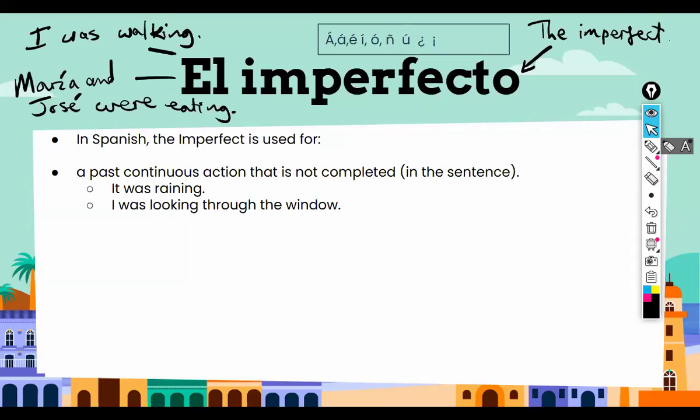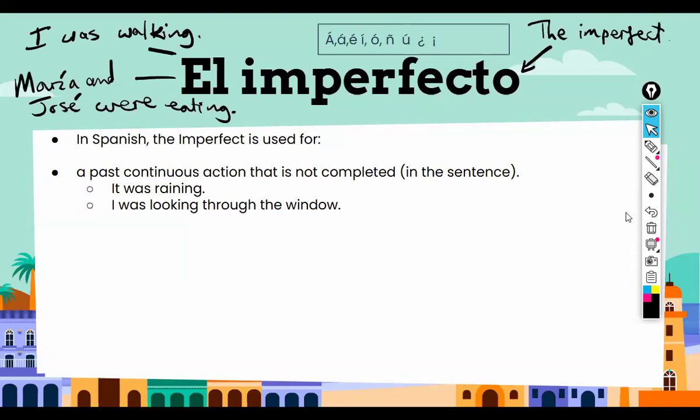All right, ready with the first one? Okay, so it was raining.